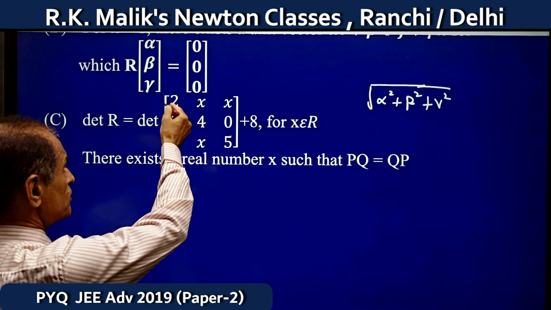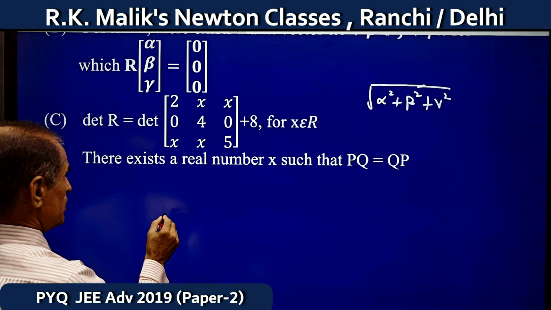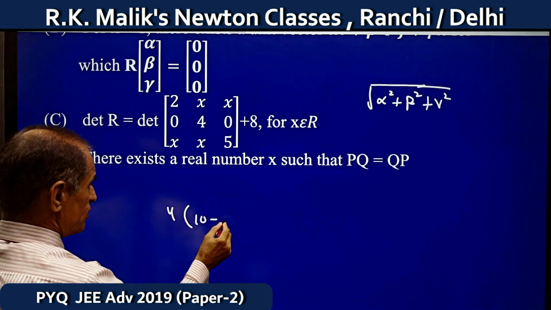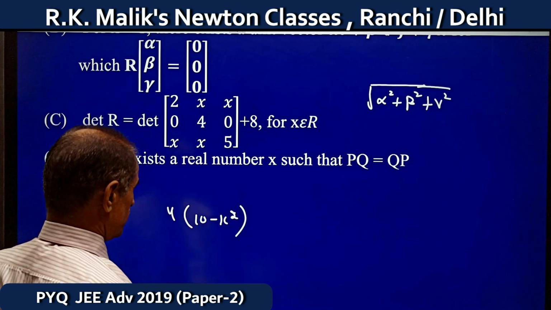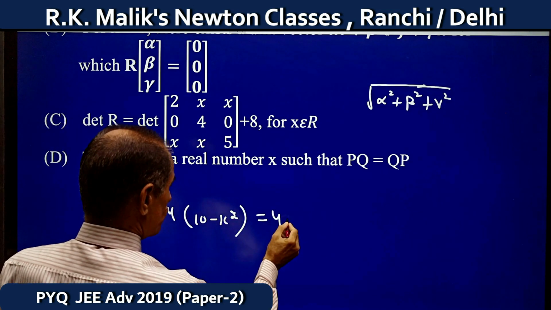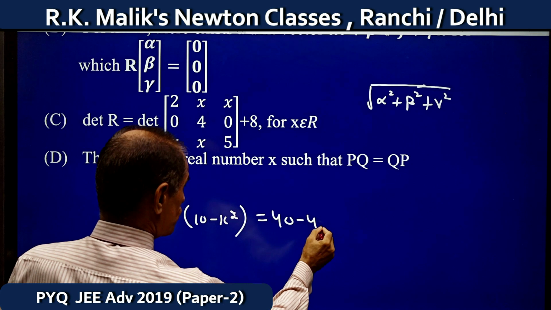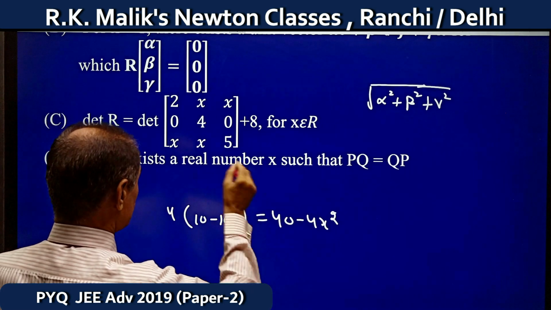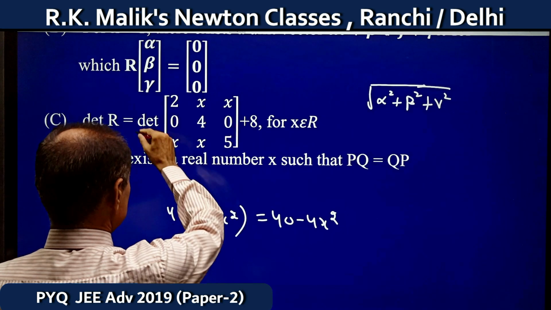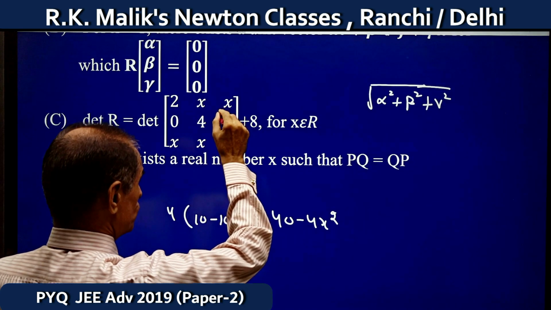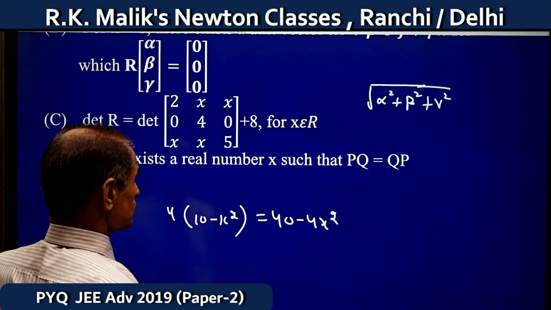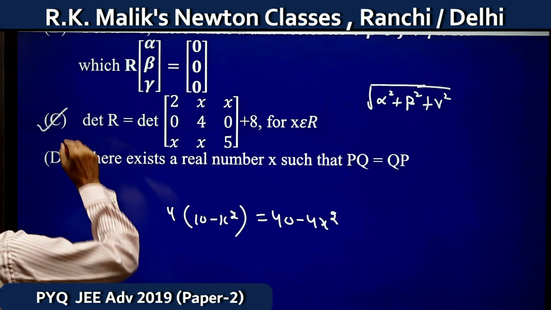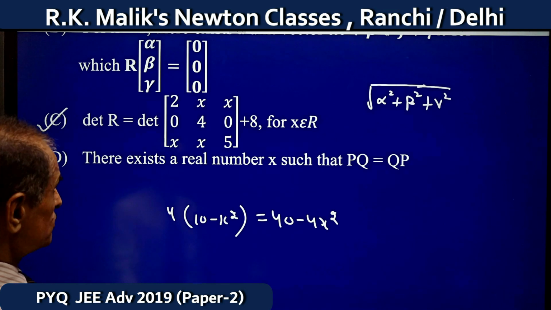And determinant of this is also very easy to find, that is 4 into 10 minus x square, that is 40 minus 4x square, and putting this value here, I'll be getting 48 minus 4x square. Hence I can say C is also correct choice.